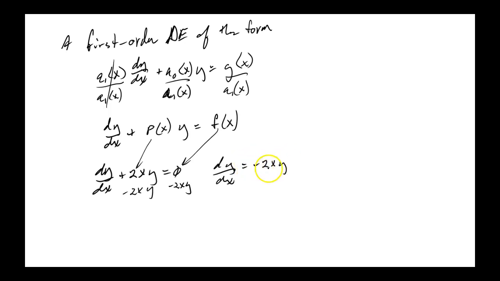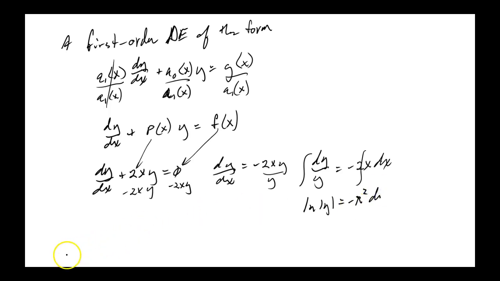Now divide both sides by y and write it in differential form, and you get dy over y is equal to minus 2x dx. Okay? And that is solvable. This would be log of the absolute value of y is equal to minus x squared plus c.